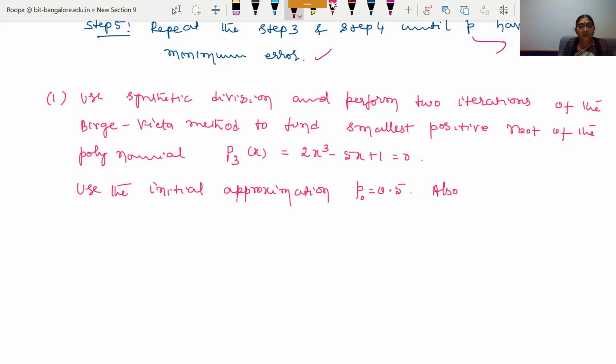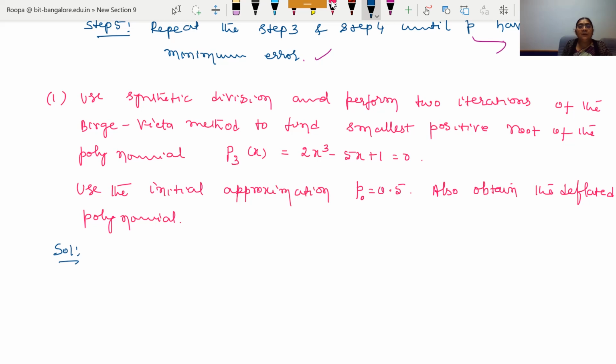Also obtain the deflated polynomial. Yes, the Birge-Vieta method only extracts a linear factor. Solution.